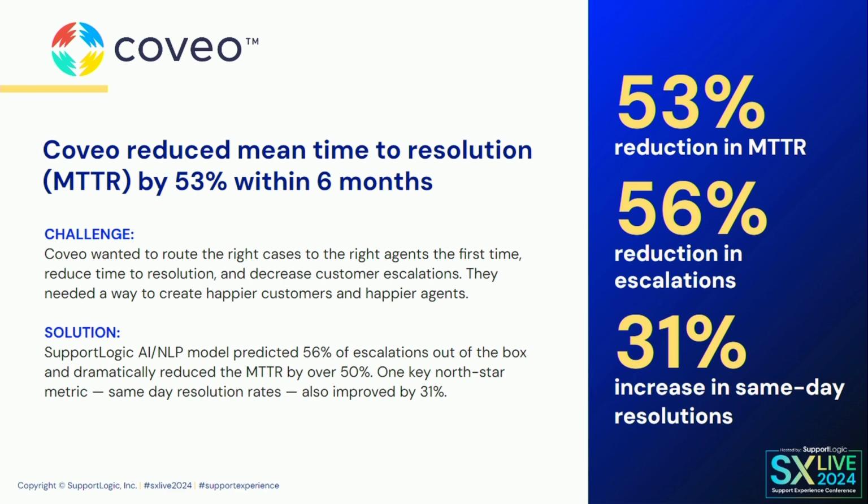And we can see Coveo had a 53% reduction in resolution time. We have a 56% reduction in escalations, so the customer is much happier. The case is resolved much faster and with better quality. And we also have a same-day resolution increase of 31%.